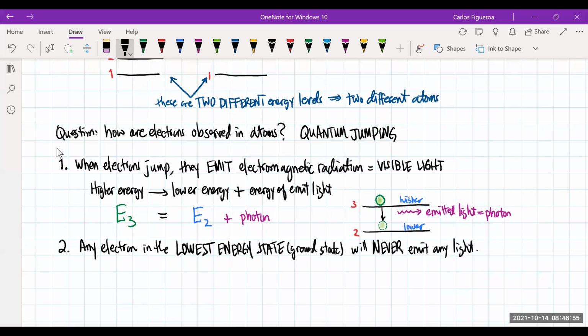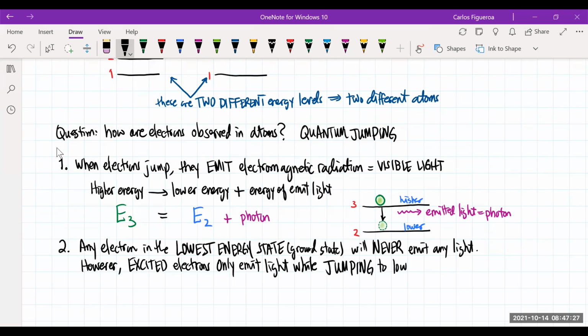In other words, it doesn't radiate. However, as we just saw, excited electrons only emit light while jumping to lower energies.